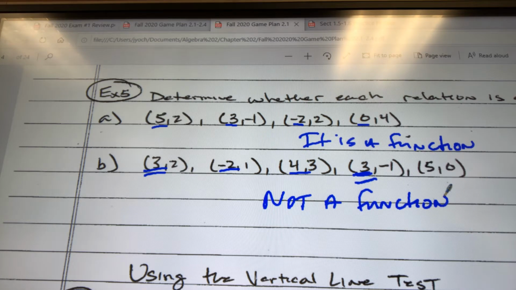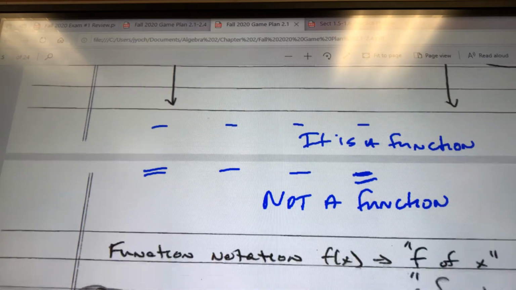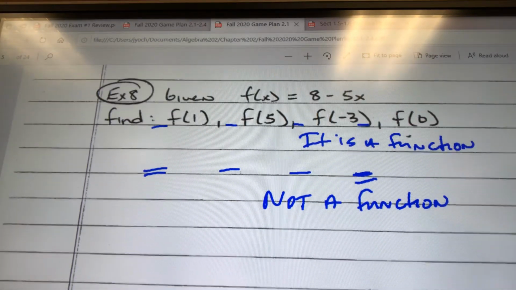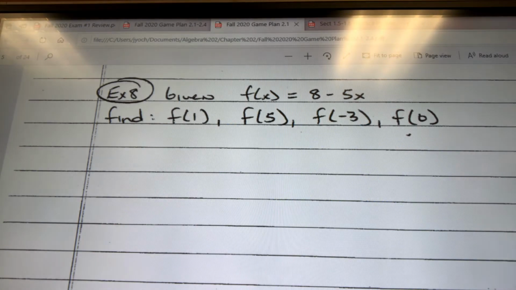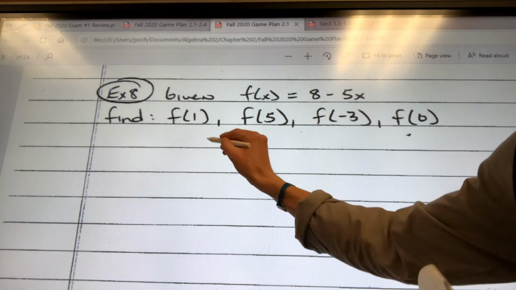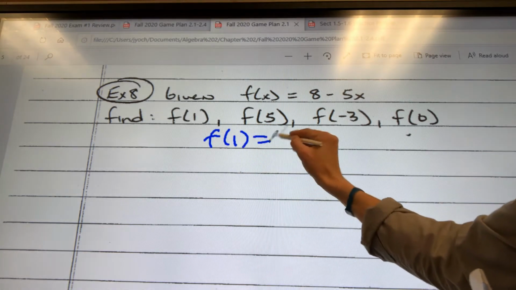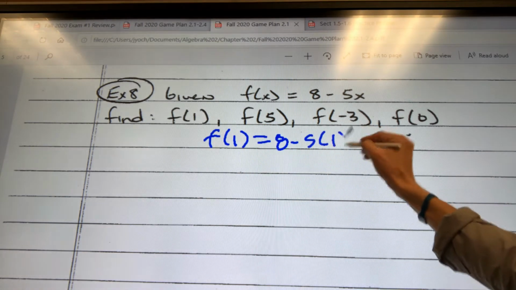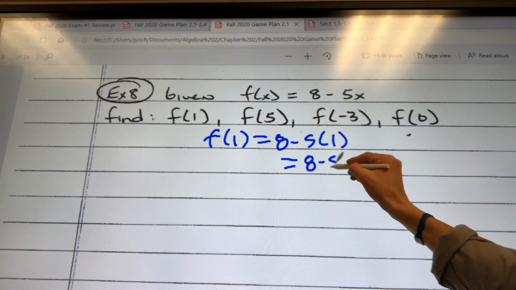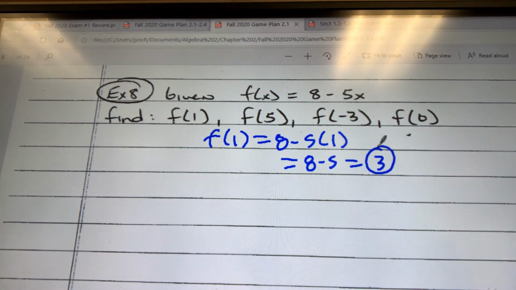All right, so let's then go to the next page here, page 4. Okay, we've done a lot of these in class. See, this is one page, but only has really 2 questions. Now, granted, there's a lot involved in here. So f of 1 would be 8 minus 5 times 1, which is 8 minus 5, a -3.